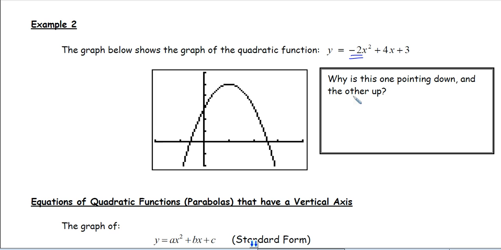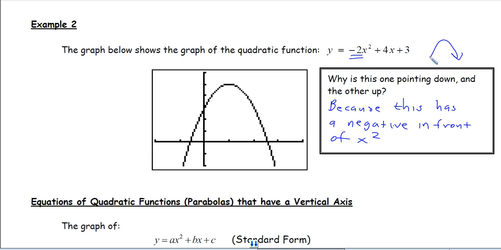This one has a negative in front of x squared. And once I see that, I don't care about the other components. Negative 2x squared, I know it's going to open down. That'll be something to take note of.